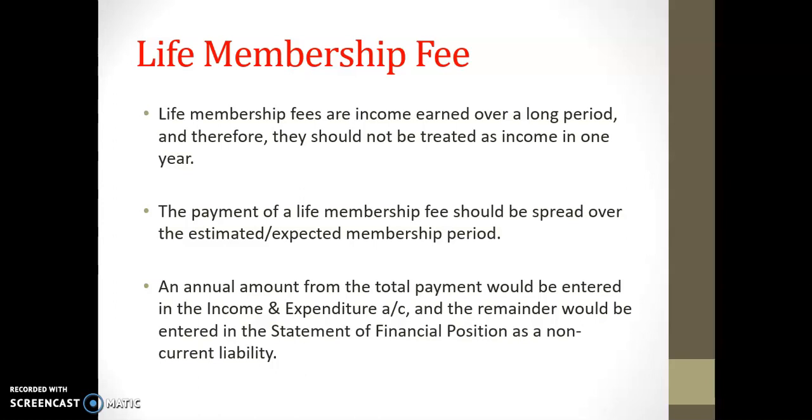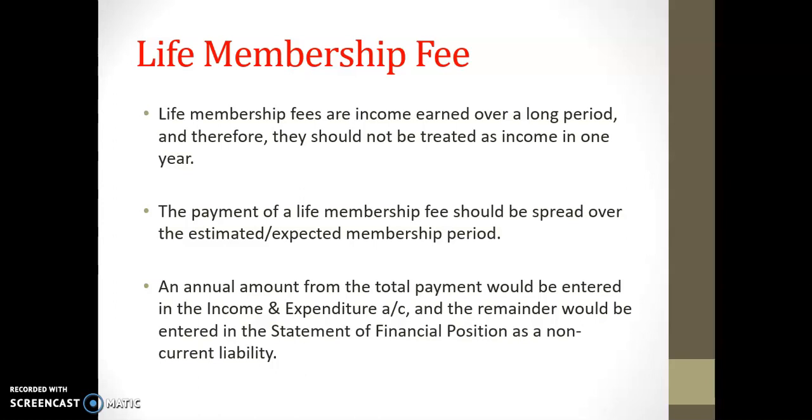So this is called lifetime membership, and this is income earned over a long period, and therefore it should not be treated as income in one year. The only amount that you can treat as income is the part that is for the current year. The rest of that money will have to be treated as a liability.